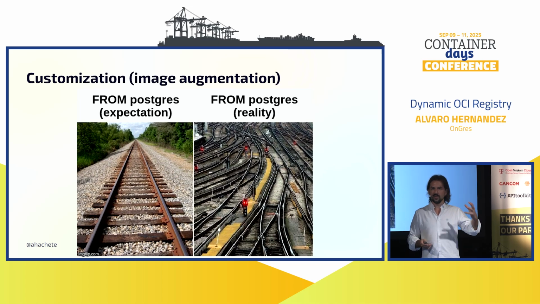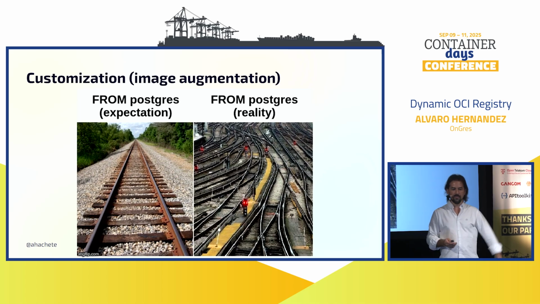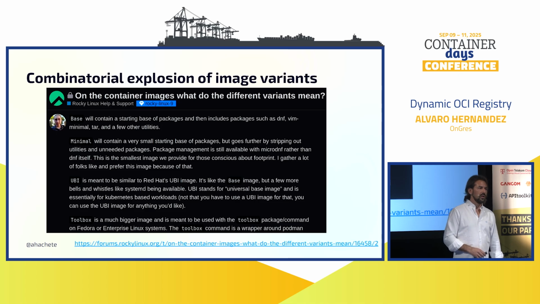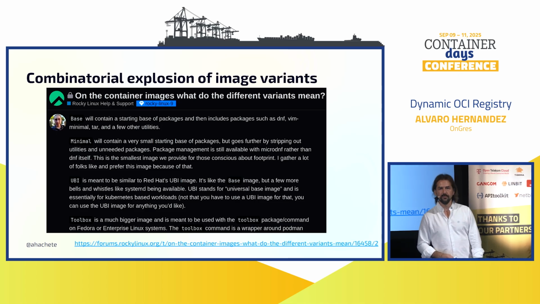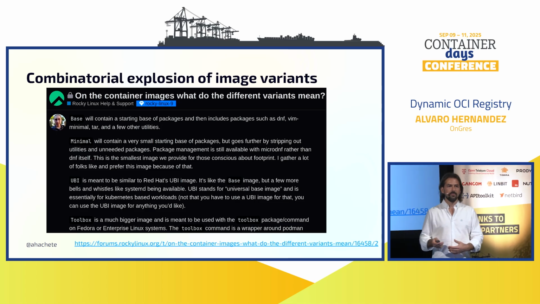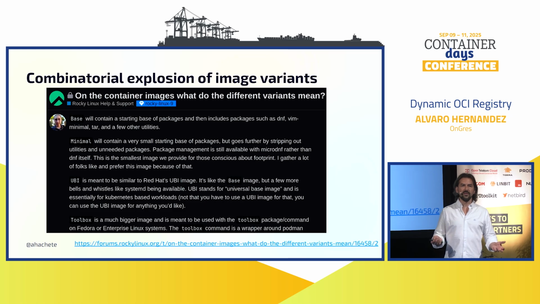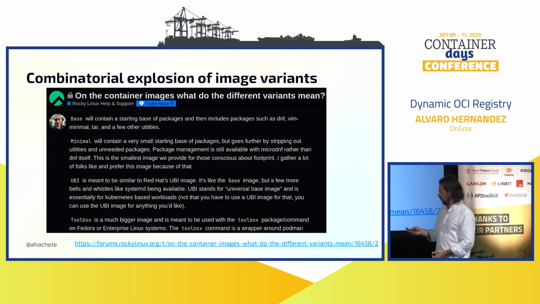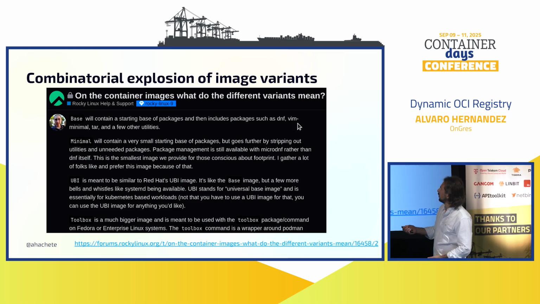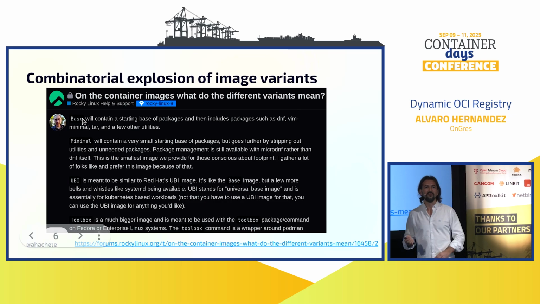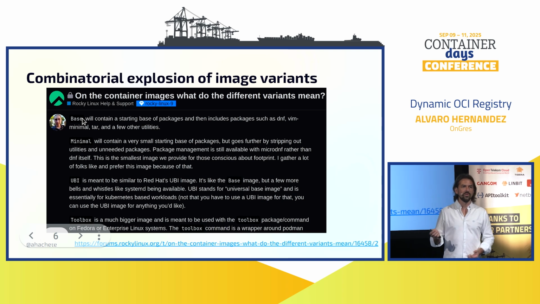Now let's look at the landscape. Let's look at the reality, how people are building images. For example, if we look at Rocky Linux 9, there are users confused about all the different varieties. So there's a base image, which contains a starting base for building container images with Rocky Linux.